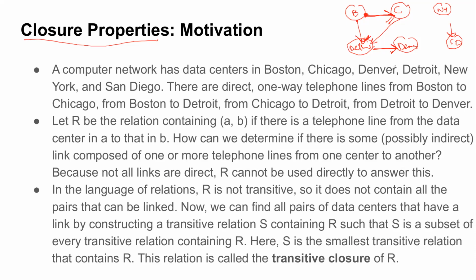What would be your answer? I may not have a direct link from Boston to Denver, but is there a possible way I can connect from Boston to Denver? Yes, because there's a telephone line from Boston to Detroit, and from Detroit to Denver I have a line. So I have an indirect connection.